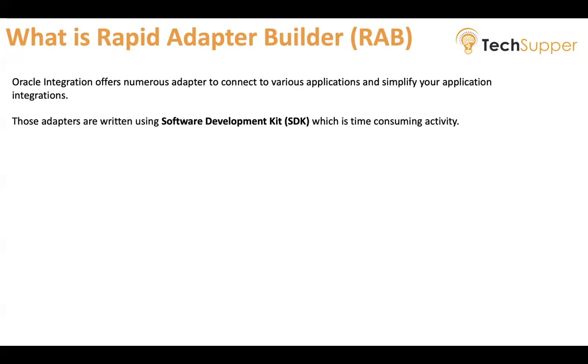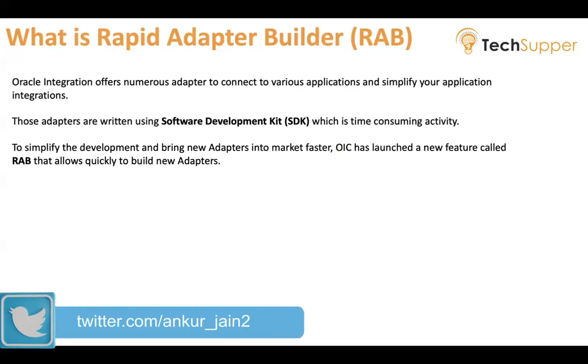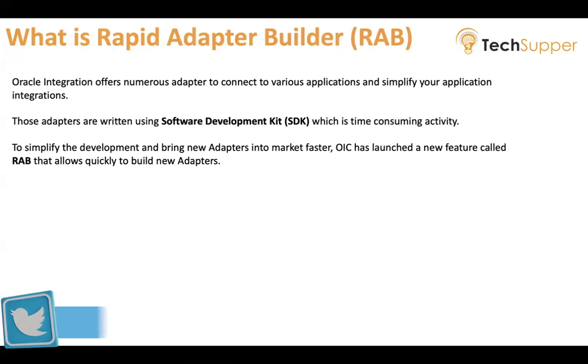It is not like they can build an adapter in a day or so. There are 100-plus adapters available as of now that you can use to connect to various applications. But what if you have an application and the adapter is not available?